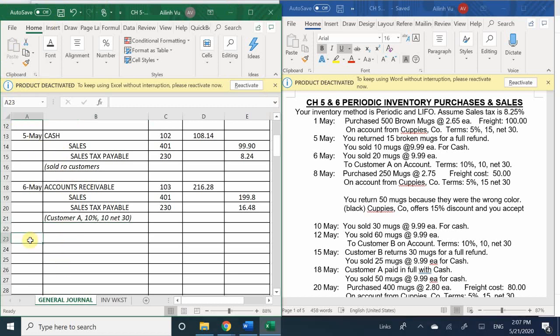Yes. Why? You've got to keep track of everything. But what tracking method are we using? LIFO. That's a costing method. Periodic. Okay, so David, when do we recognize our sales? How do we know how much we sold? At the end.